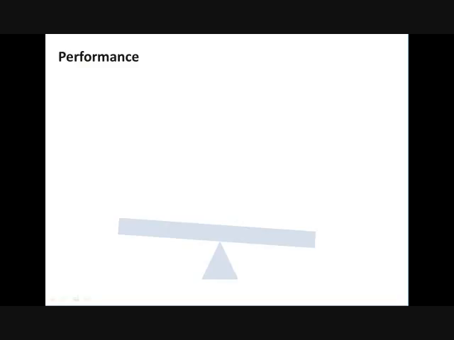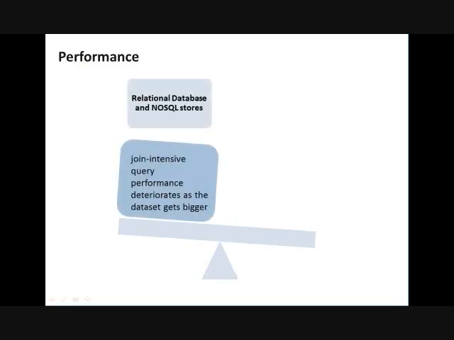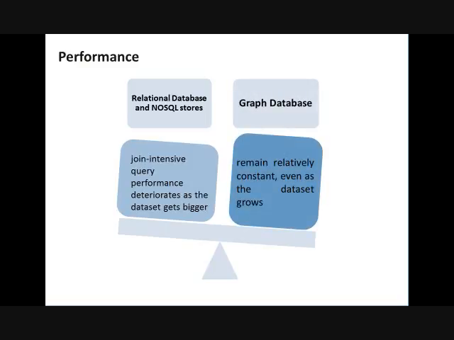In contrast to relational databases, where join-intensive query performance deteriorates as the dataset gets bigger, with the graph database, performance tends to remain relatively constant even as the dataset grows. This is because queries are localized to a portion of the graph.